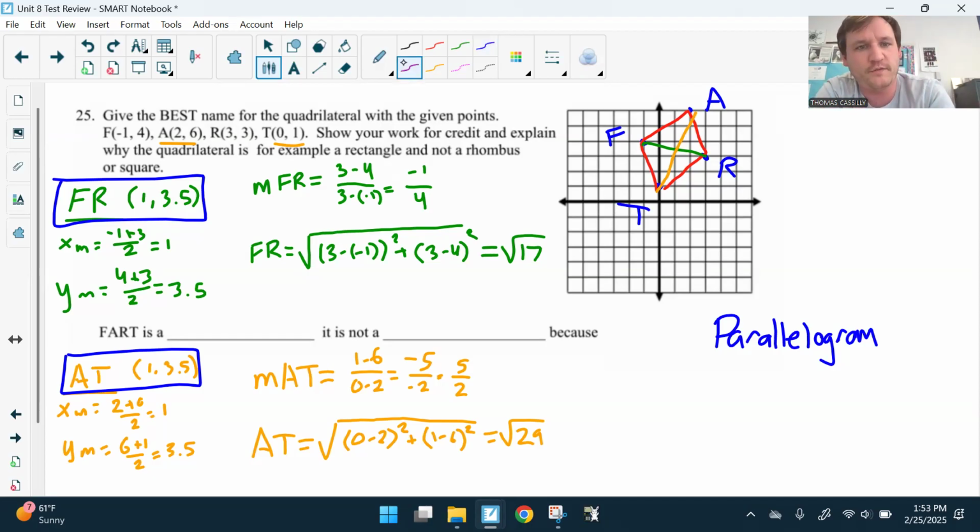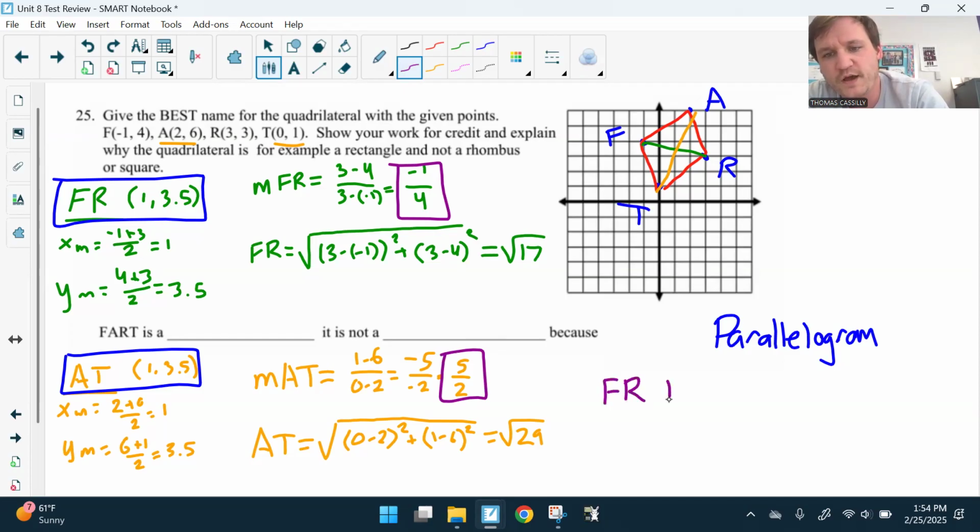If I look at the slopes, the slope of FR is negative 1/4. The slope of AT is positive 5 halves. That tells me that FR is not perpendicular to AT.